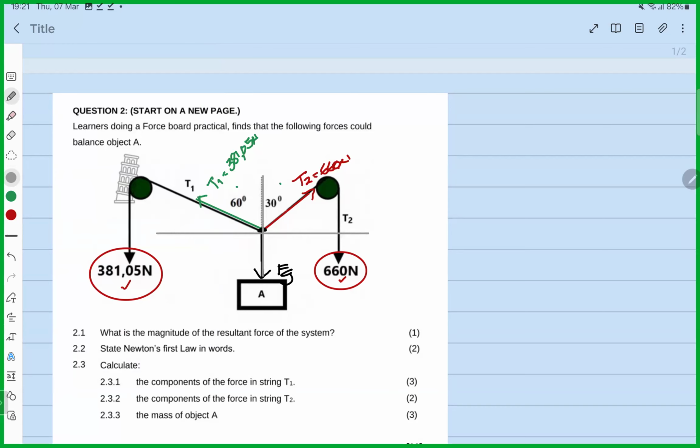If you read very carefully, these two questions deal with components. One of the things I want to emphasize about components is that, based on the formulae you've learned about components, you're going to have to use the angle with respect to the x-axis. So that 30 degrees there and that 60 degrees there is what you're going to use to calculate the components for T1, which is T1x here and T1y there.